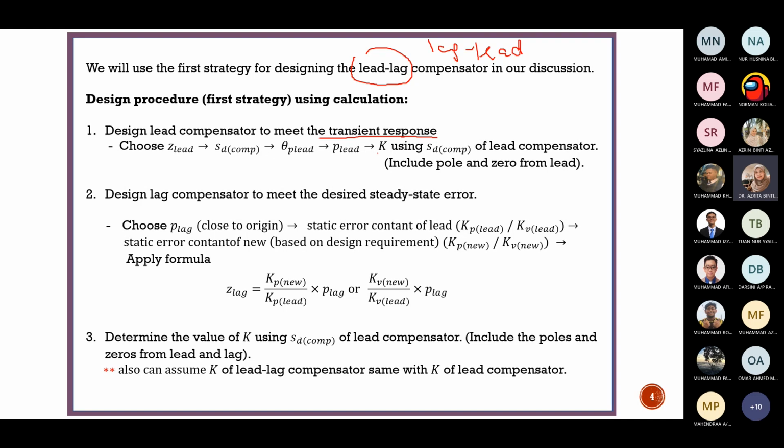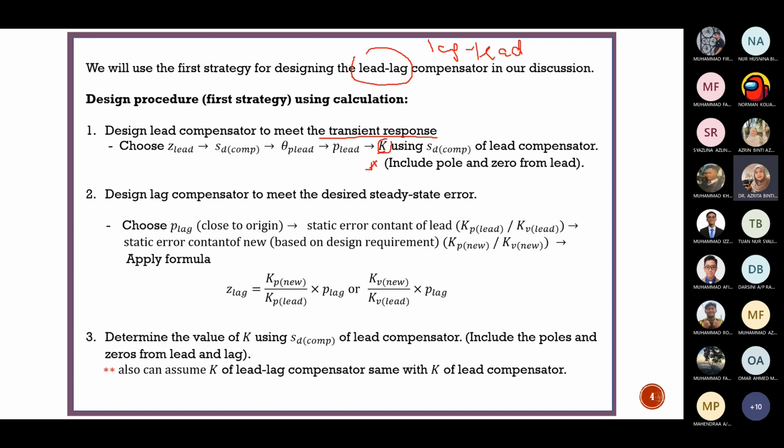Then we use the formula to calculate K using the s_d of the lead compensator. For this value of K, you need to remember that we need to include the pole and zero that we obtained from the lead compensator.